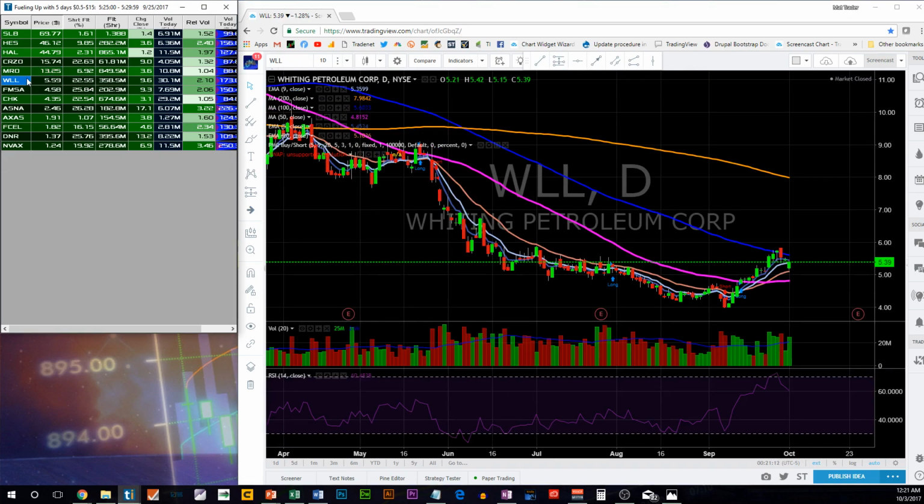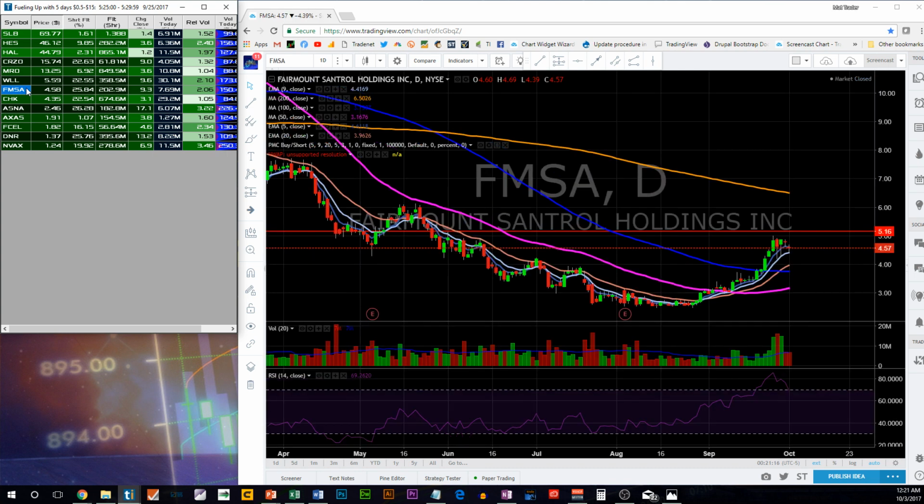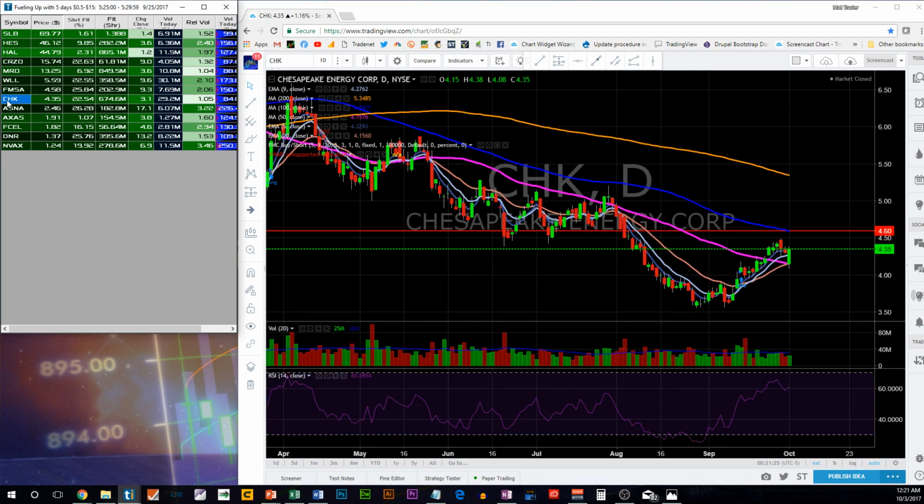WLL, another petroleum company. FMSA, this one is not, I think this is something else, but showing the formation of the right side of a cup. CHK, Chesapeake Energy, that one I think I looked at in the past, and I said, yeah, not a lot of opportunity there.